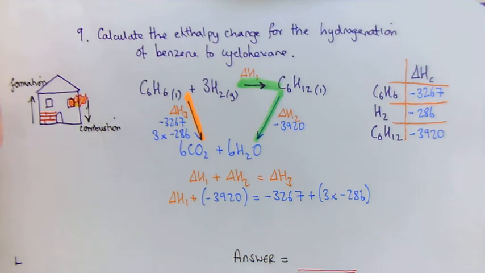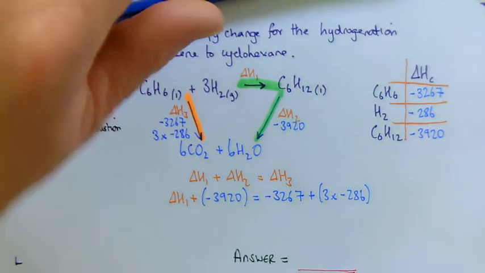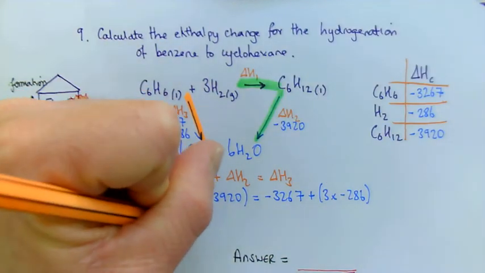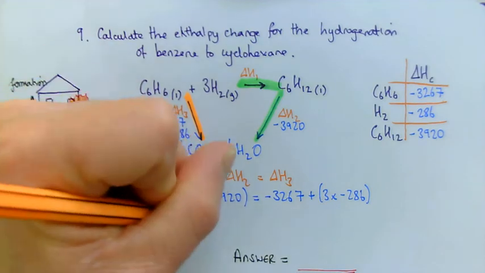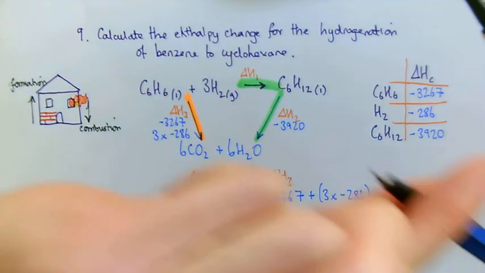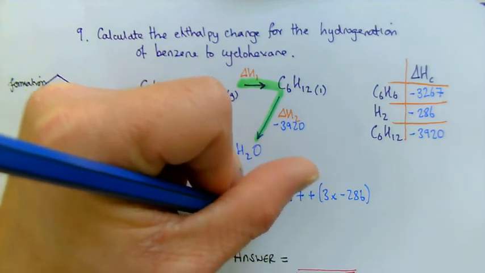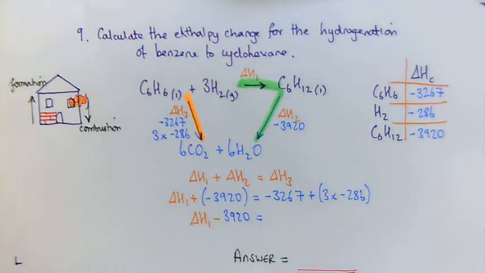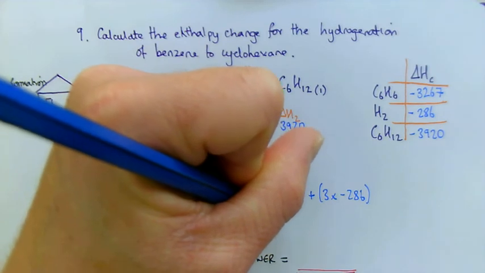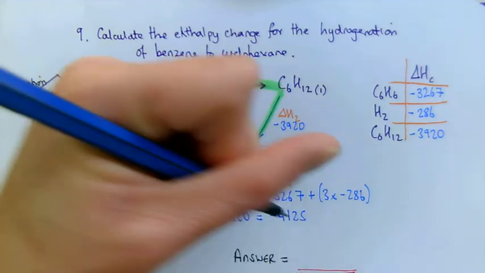So let's just, in the next line, just crunch through some of those calculations. So let's rewrite it. We've got delta H1 is now minus 3920, and the total for that side is minus 4125.